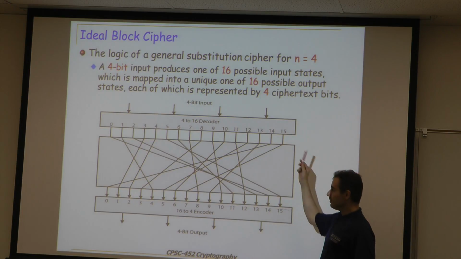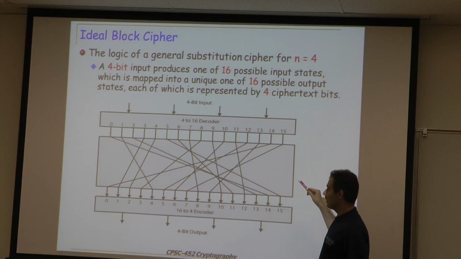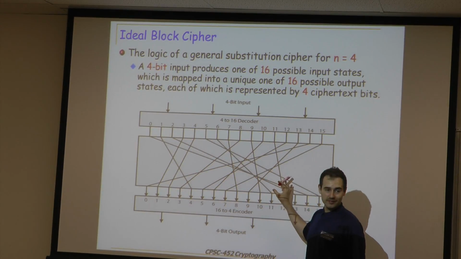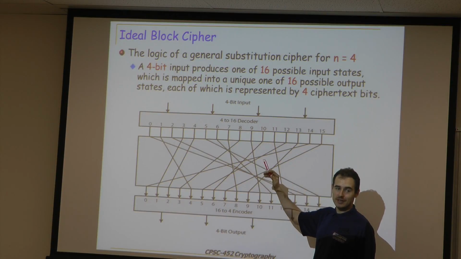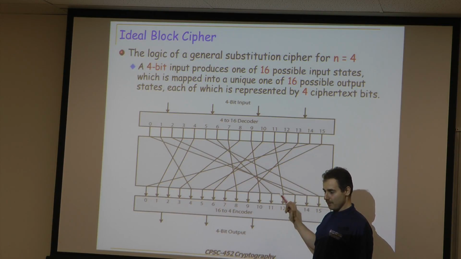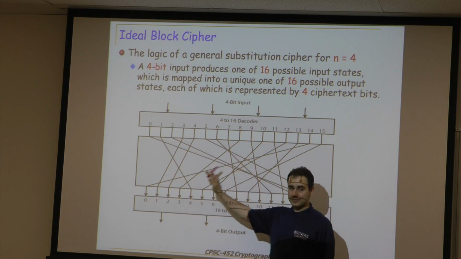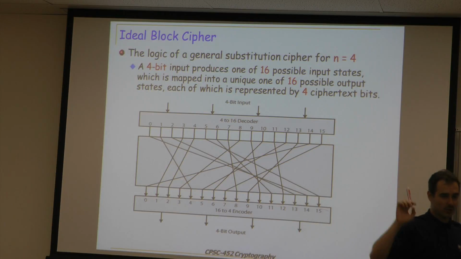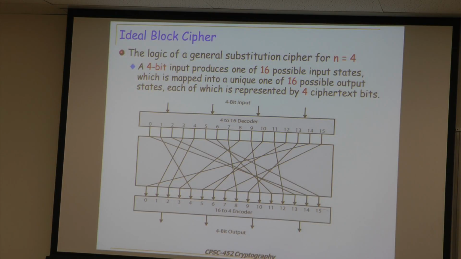Well, in this diagram right here, all of those lines, the line which maps a plaintext block to its corresponding cipher block, that's part of the key. And all of those lines are the key. Makes sense, right? So, if we were to communicate using this block cipher, I would need to tell you what maps to what.